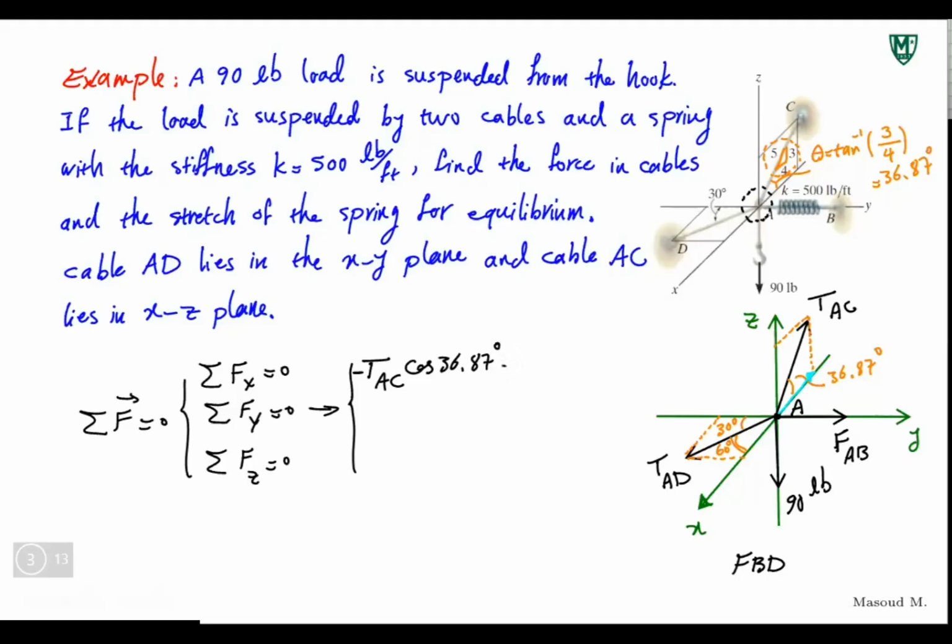So that would be plus TAD cosine 60 degrees. And I put it positive because it is in the positive direction. This is the X component. You could also write TAD sine 30 degrees, depending on which triangle you're looking at. Anything else in the X direction? No, it's pretty much it. So equals 0. Okay, so Y direction next. What do I have in the Y direction?